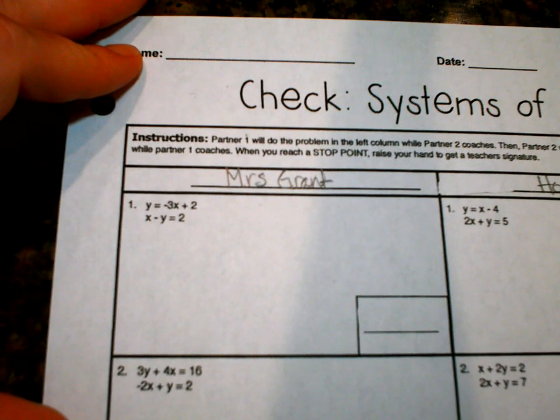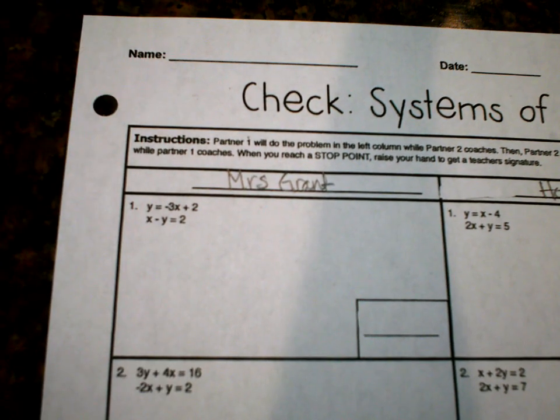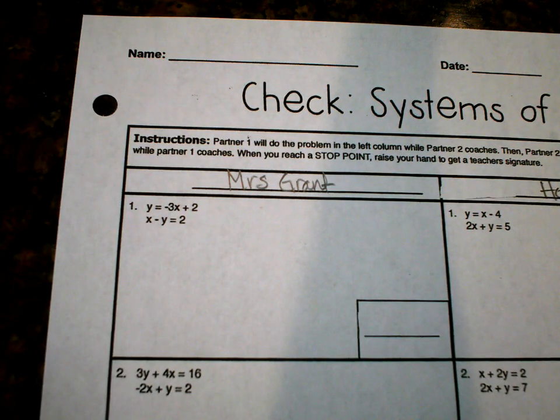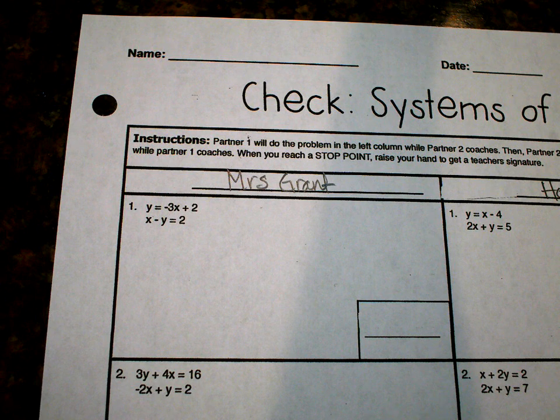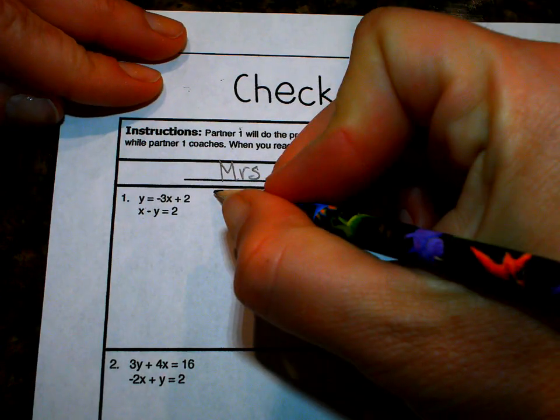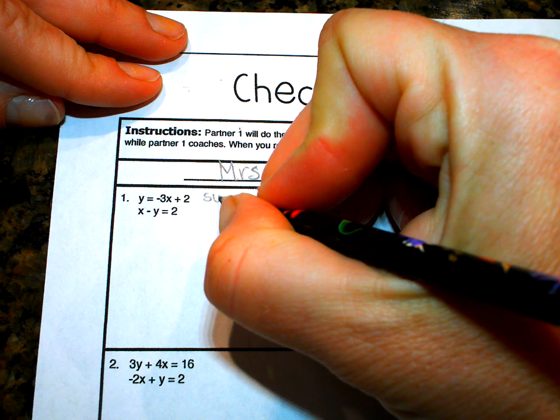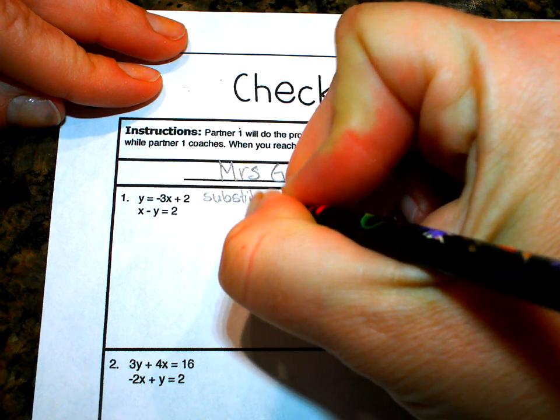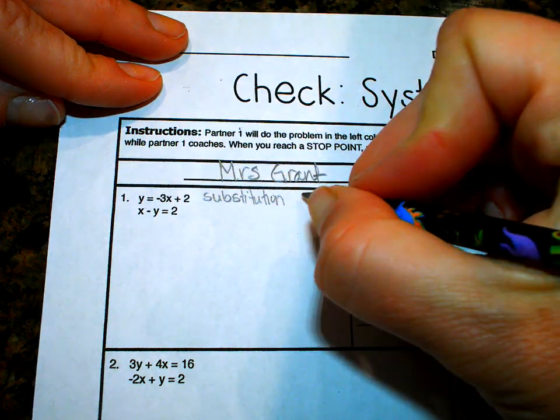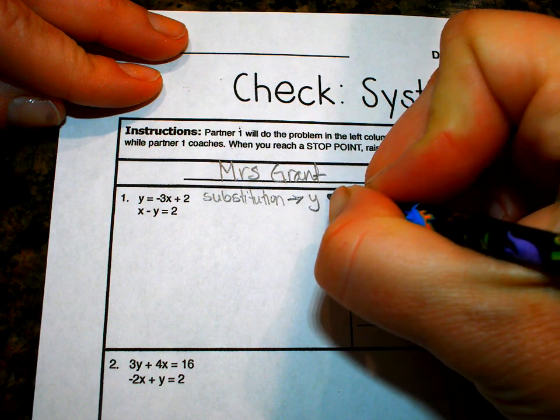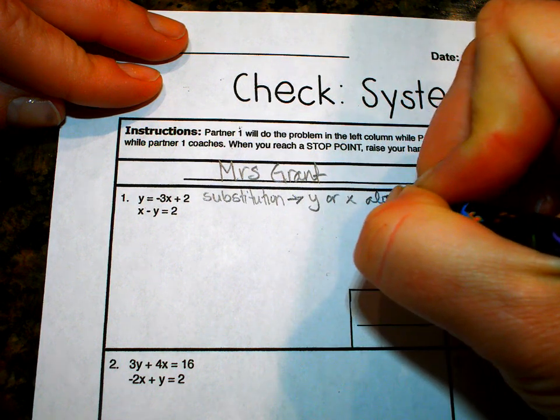So here we go. When I look at number one, I have to decide what method I should choose. And the method that I choose needs to be something that's obvious. Whenever I have an x alone or a y alone, then I'm going to use substitution, because the y or the x will be alone.